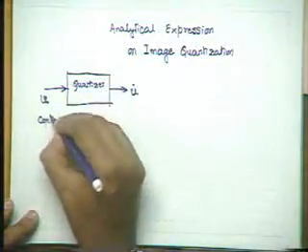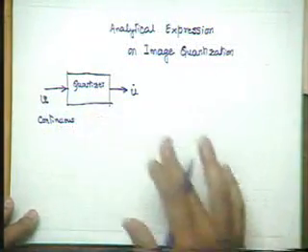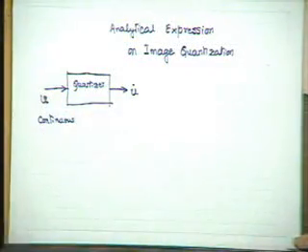Now tell me, what type of function is this u? No, u is not a discrete. u is a continuous variable. And what about u dot? u dot is going to be a discrete variable, right?